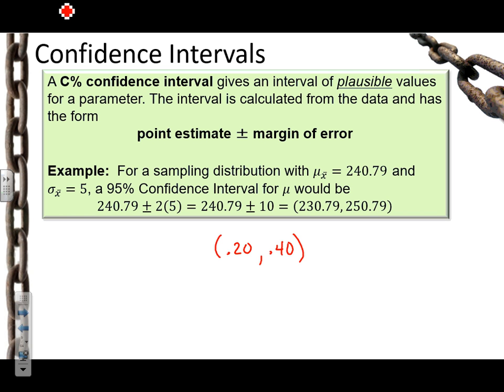So if they give you a confidence interval and they say, what was the point estimate, they're asking, what point did they start at? Which means they're asking, what's the exact middle of the interval? So if I gave you an interval of 20% to 40%, what's the exact middle? 30%. So my point estimate, P hat, would be 30.